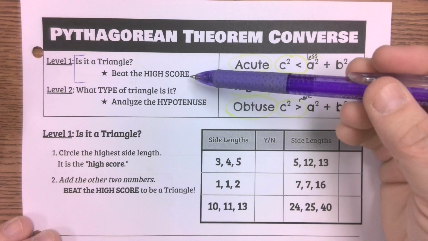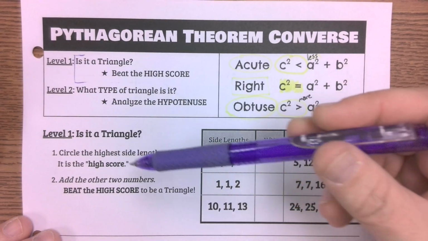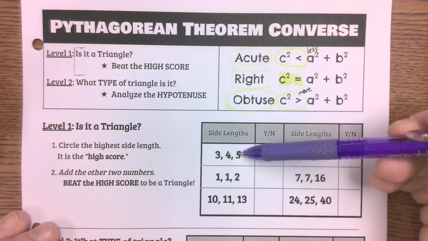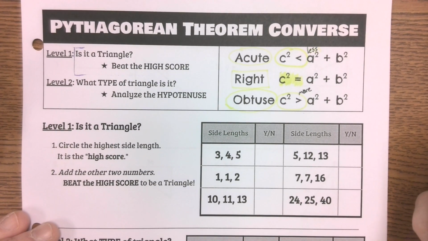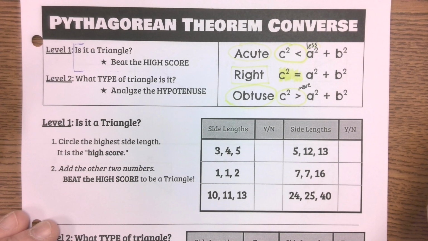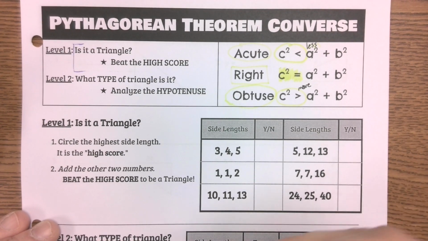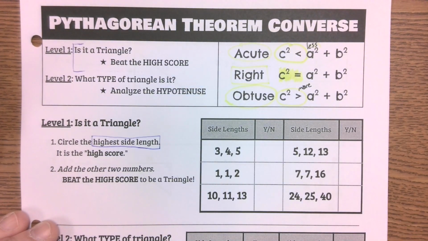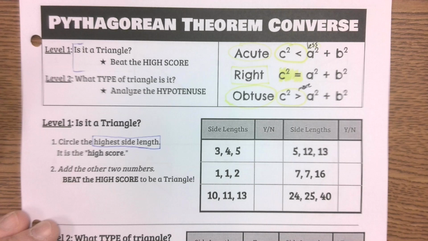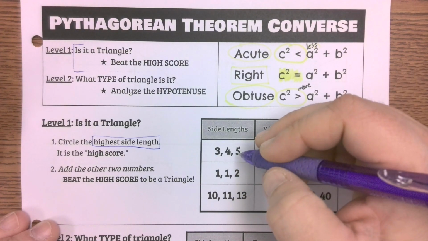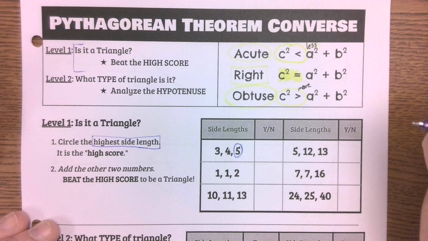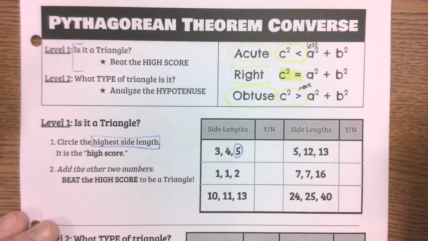What we're looking for is to beat the high score. So when we're trying to figure out whether the side lengths given to us, these three sides, are even possible to make a triangle, the first thing that we do is we circle the high score. So we circle the highest side length. Here, the highest side length would be 5. If this were a triangle, that would be the hypotenuse, the longest side.